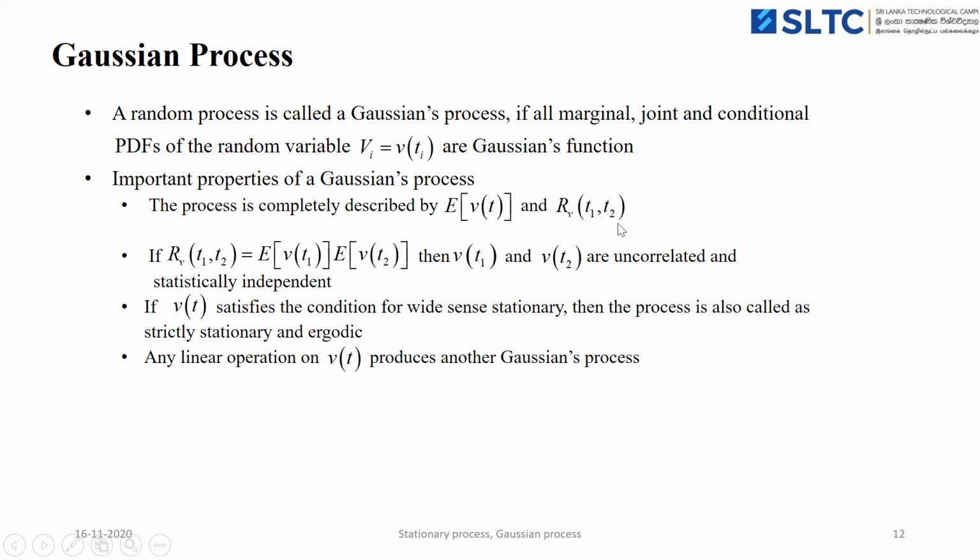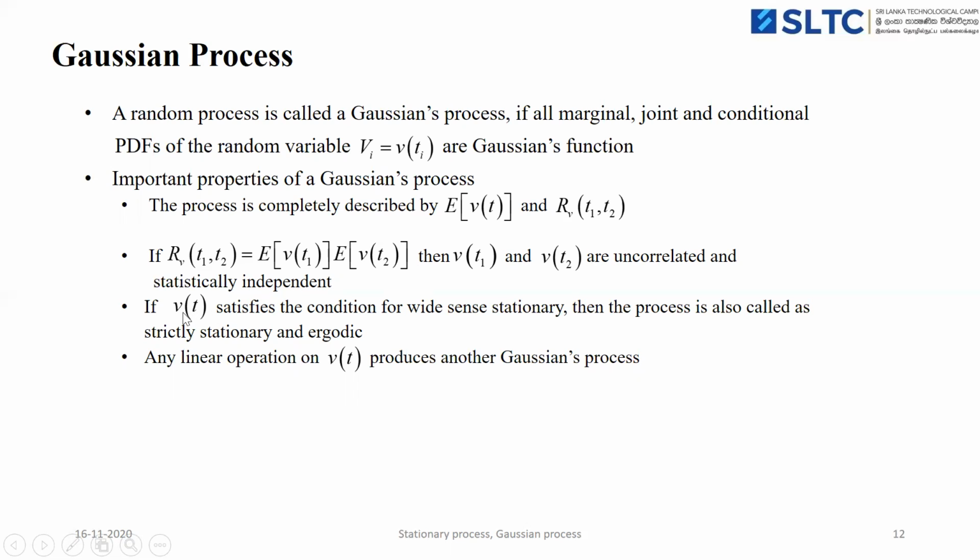The second property is that if R_v of t1, t2, the autocorrelation function, equals expectation of v of t1 into expectation of v of t2, which means the autocorrelation function is the product of the means of the random process at times t1 and t2, then v of t1 and v of t2 are uncorrelated and statistically independent.